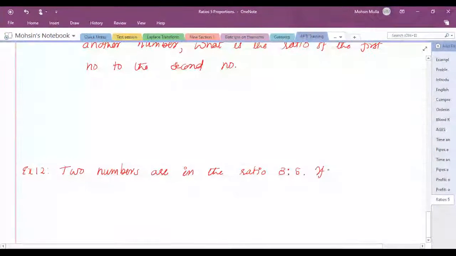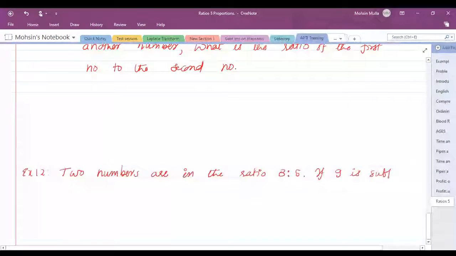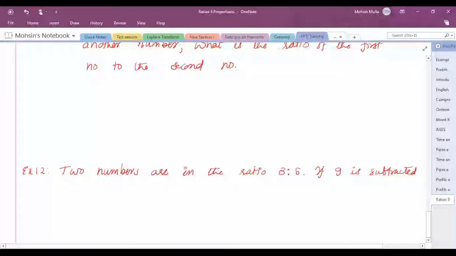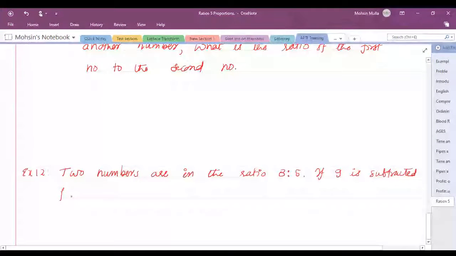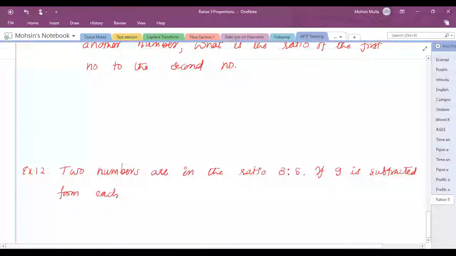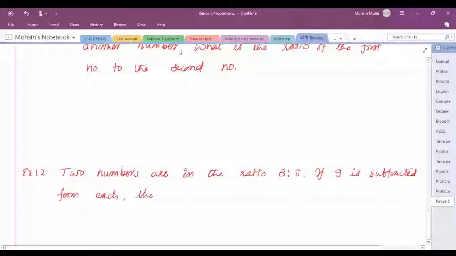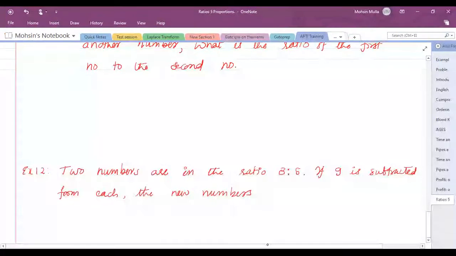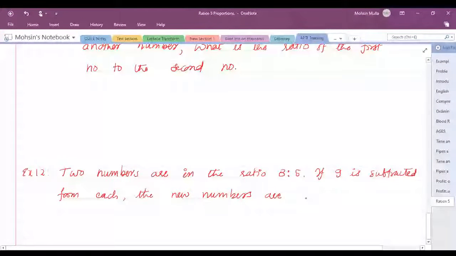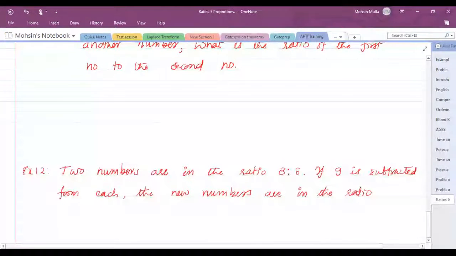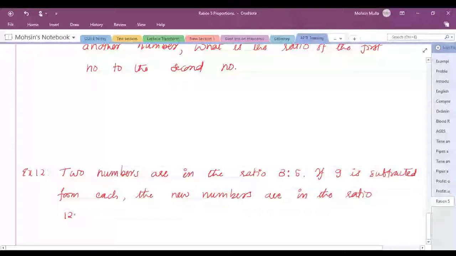If 9 is subtracted from each, the new numbers are in the ratio 12:23.